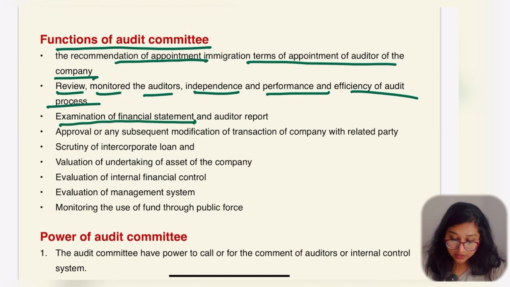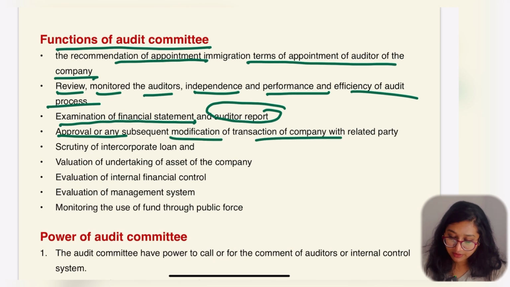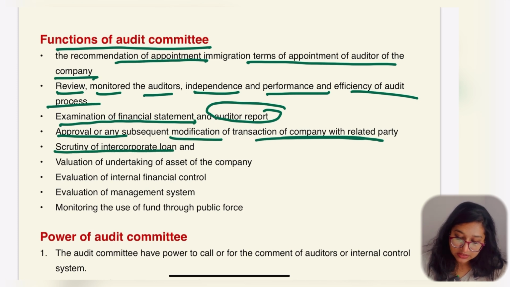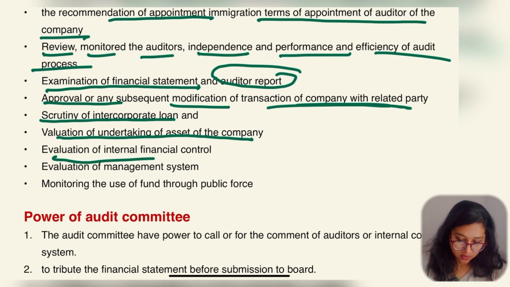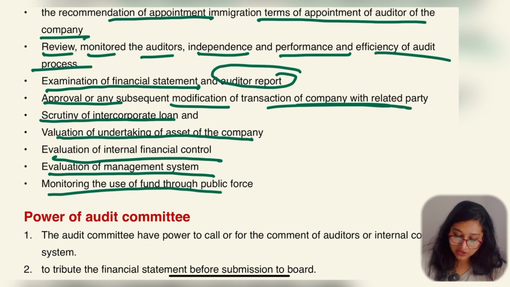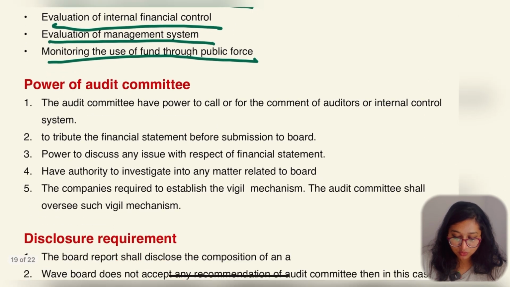Again, examination of financial statements and audit report, approval or modification of transactions with related parties, scrutiny of intercorporate loans and valuation of undertakings or assets of the company. I'm just reading out because we know these functions. Evaluation of internal financial control and risk management systems, and monitoring the use of funds raised through public offers.